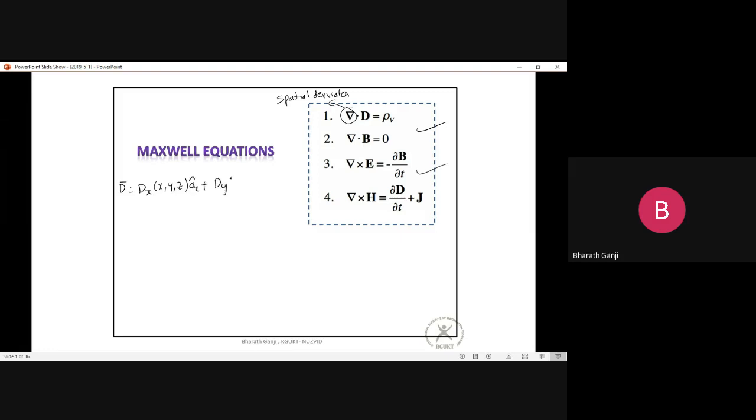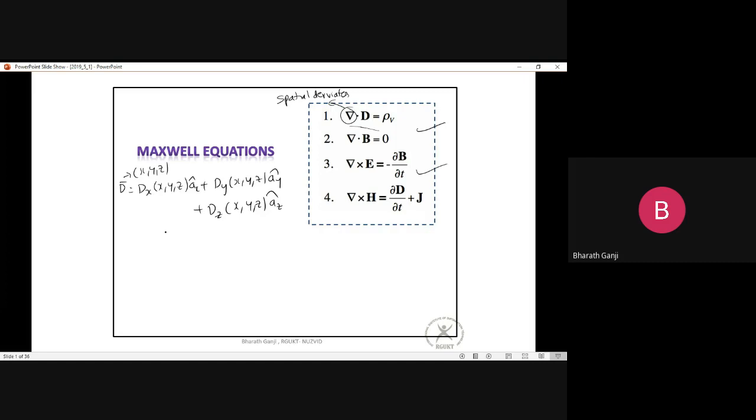And you can have a y component which is also a function of x comma y comma z, and you can have a z component which is also a function of x comma y comma z. So basically a vector can be different at different points, so that is what we call a vector field, and that vector field at any point should satisfy this Gauss law equation. That is what the first equation tells you.